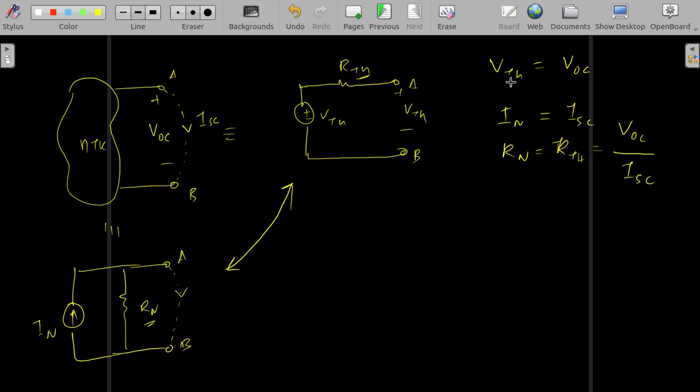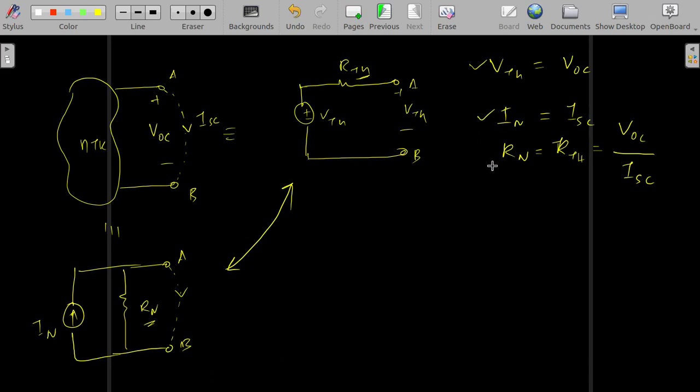So we have VTH defined as the open circuit voltage, IN defined as the short circuit current, and RN equal to RTH, which is the open circuit voltage divided by the short circuit current. This holds true for all circuits.